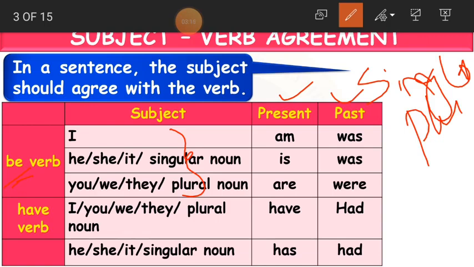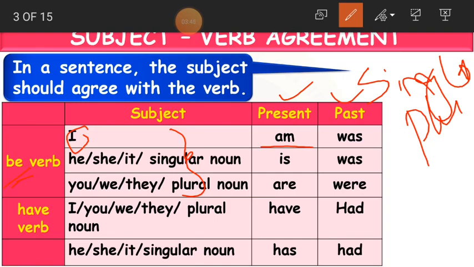Before going into that, I'm sorry, yesterday when I was telling about nouns and pronouns, I said that I is a noun. That was a mistake. I comes under pronoun. So please rectify that children. Today we will continue with this. When I is the subject and the sentence is in the present tense, we have to use am.